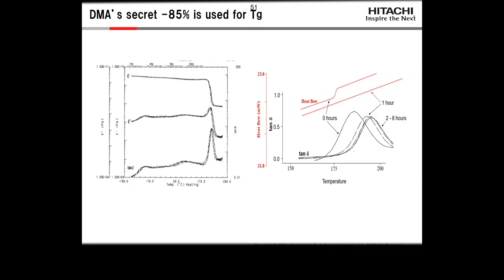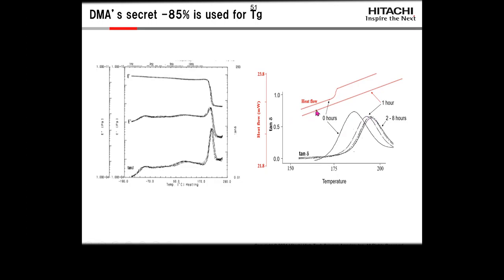Here's an example run on a cured material. The DSC curve is shown here. No post-cure, we get a nice Tg. An hour of post-cure, you can't see it anymore. You go and look at this in the tan delta. There is no post-cure, an hour of post-cure, and there's 2 to 8 hours of post-cure.